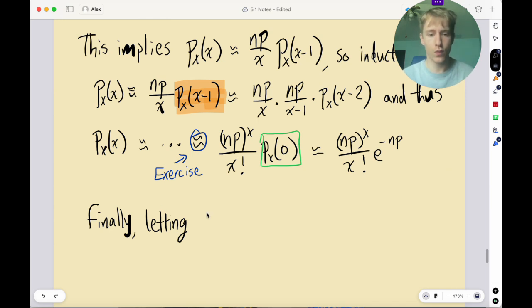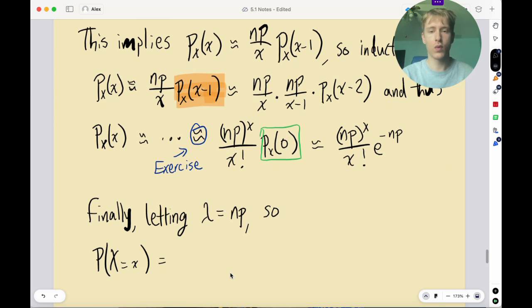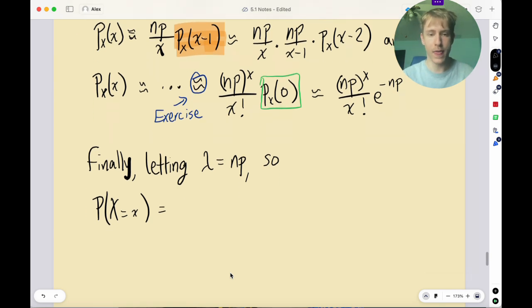So this is no longer the expected value of the binomial distribution, but we're going to let lambda equal this np. So the probability of X equaling little x is equal to lambda to the x over x factorial times e to the minus lambda.